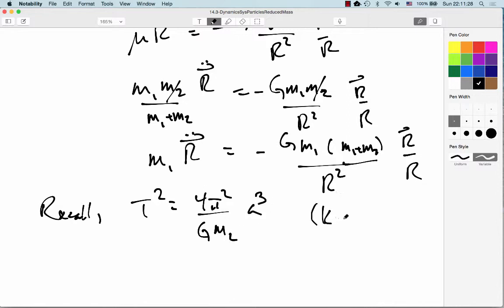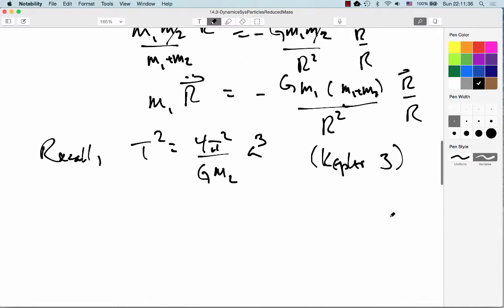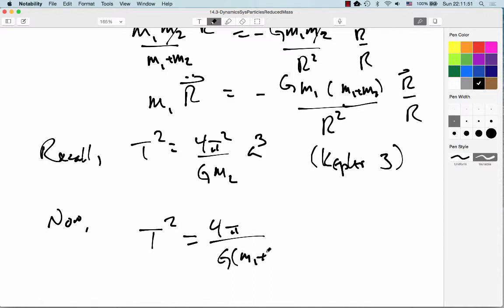That was Kepler's third law. So nothing changes except now this m2 becomes m1 plus m2. So now we write T squared equals 4 pi squared over G (m1 plus m2) a cubed.